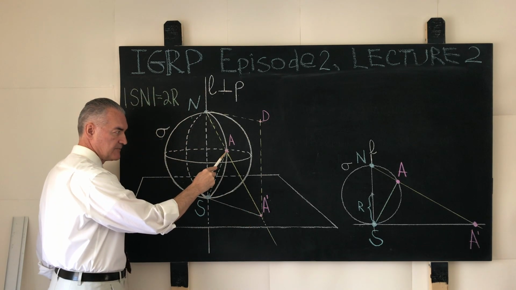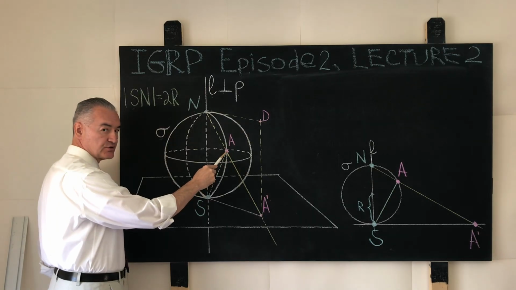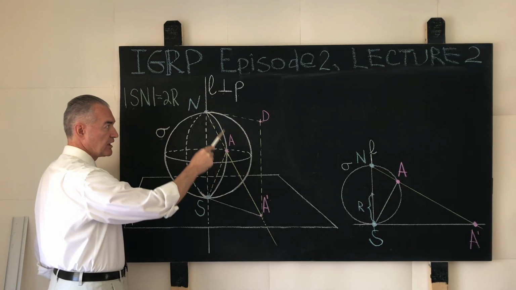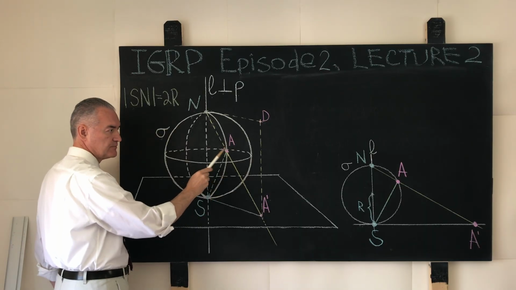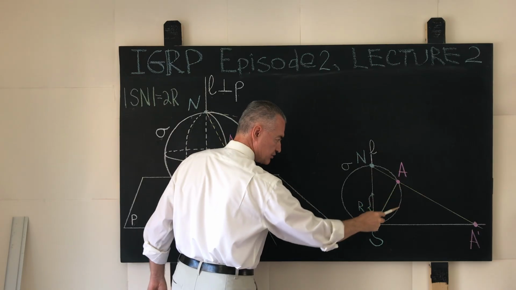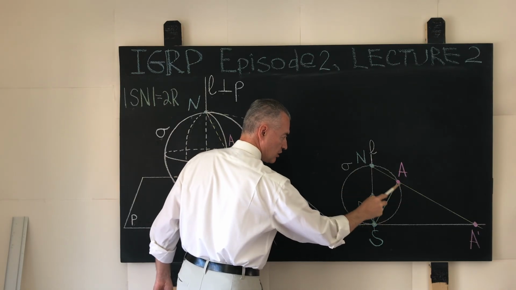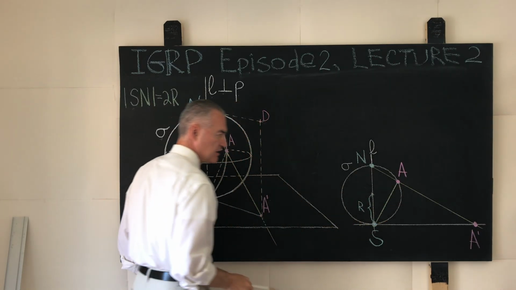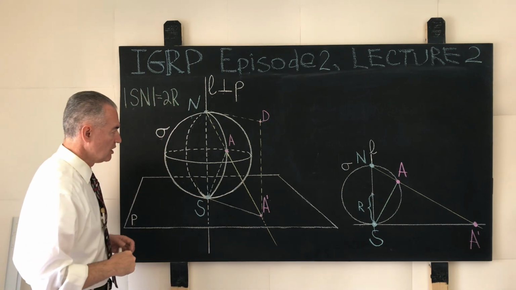And the last thing is what? Our point A, that right now sits on the Riemann sphere, on a great circle of the sphere, travels into the point A that still sits on the great circle of our sphere. That much should be understood.